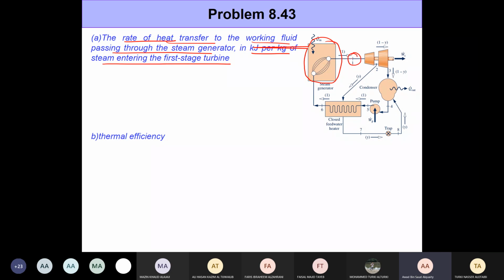So the mass flow rate of steam entering the first stage of the turbine is m dot 1, and the heat that is transferred to the working fluid, steam, in the steam generator is basically Q dot in. So we simply need to determine how much is Q dot in by m dot 1. Okay, this is all what we want. We don't want Q dot in only, we want Q dot in by m dot 1.